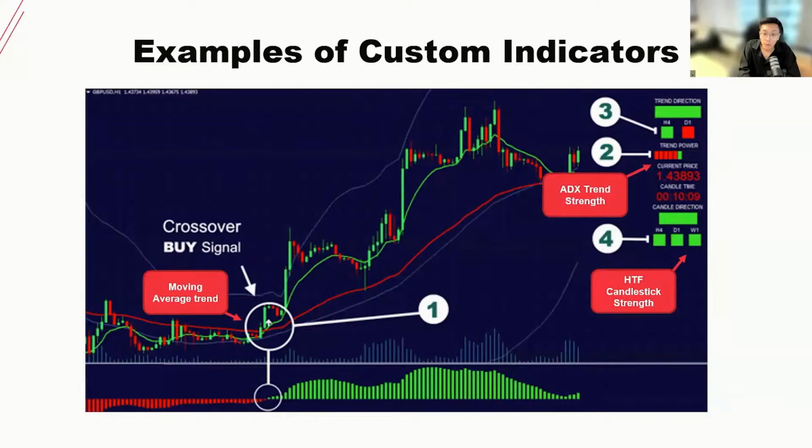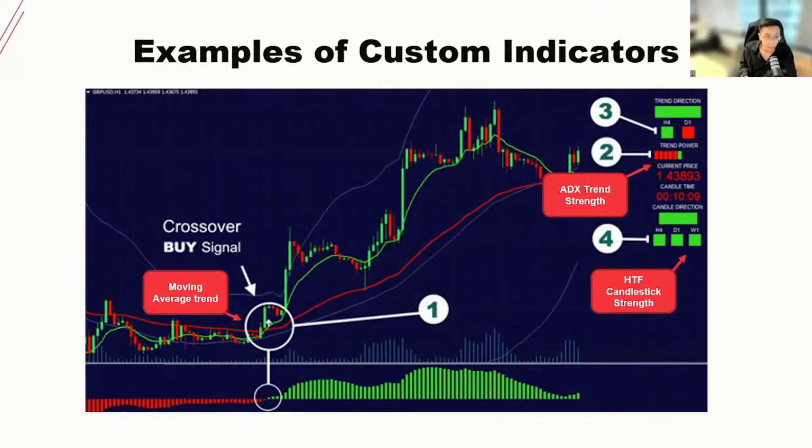One example of custom indicators will be this MA crossover, moving average trend, as well as ADX trend strength and higher time frame candlestick strength. All these indicators are combined into one custom indicator, and usually people would combine these indicators into one so that they are able to see the whole chart better and to have a better confluence as well.